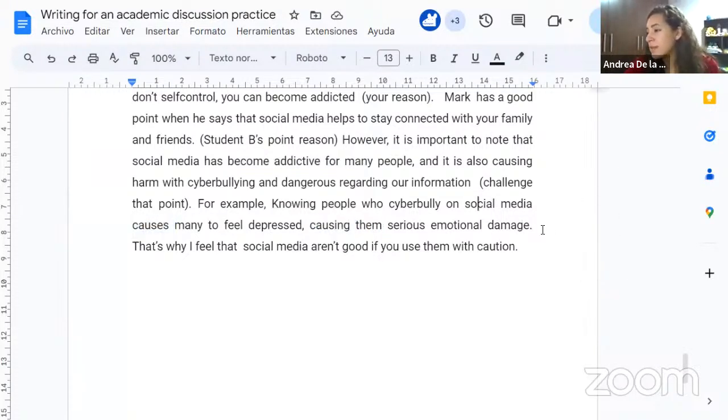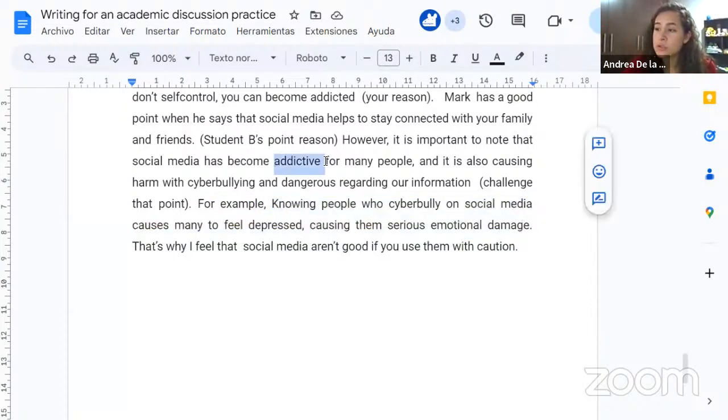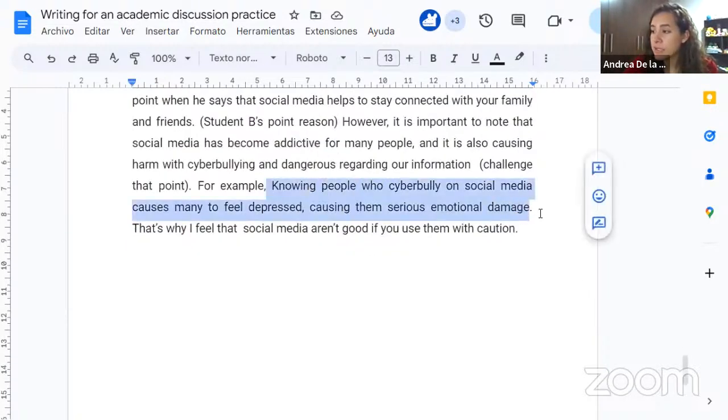Now, again, one thing that I could say here is this is something that Sarah already mentioned. So I wouldn't go with this. I would focus on something else, like you were mentioning, right? Maybe addiction or maybe wasting time. You could say, for example, personally, I spend about 4 hours scrolling TikToks. And this is time that I used to use in more productive things when I didn't have social media, for example.